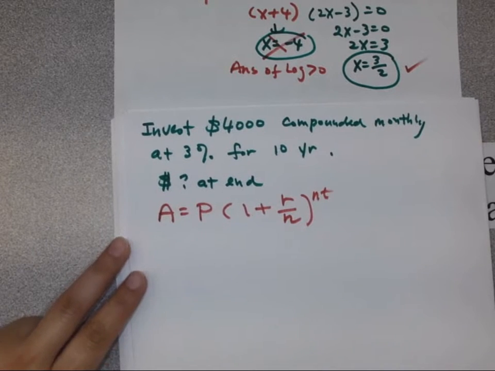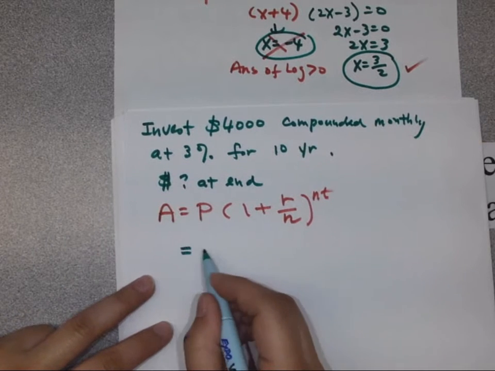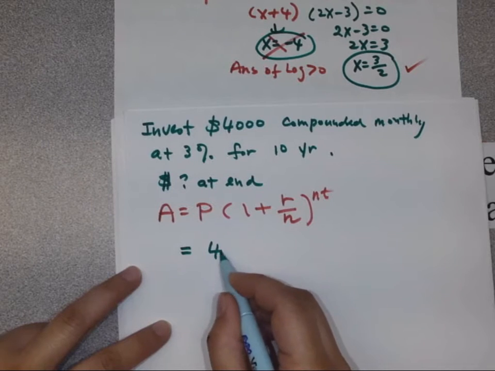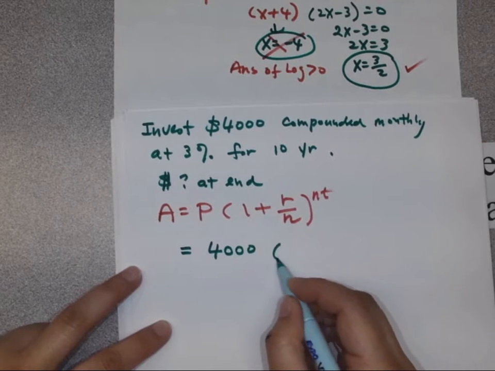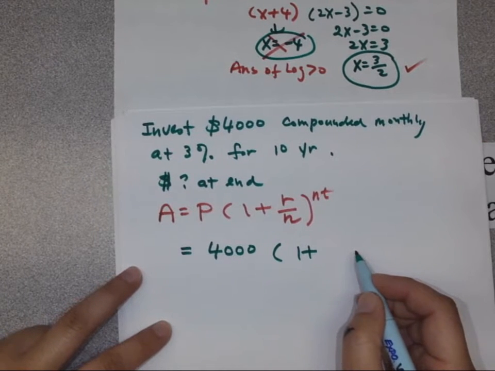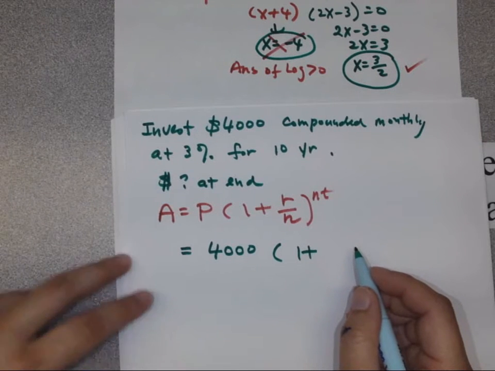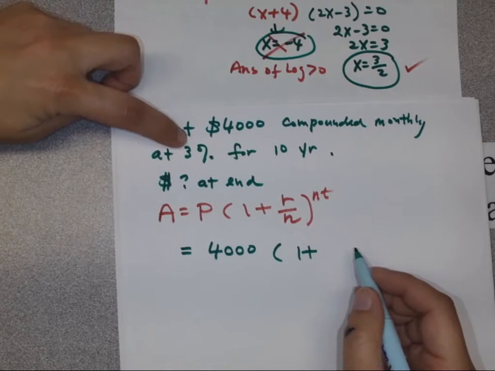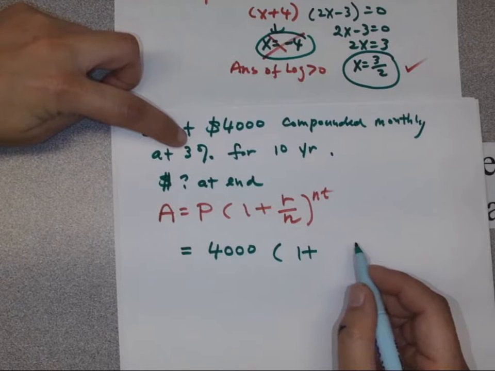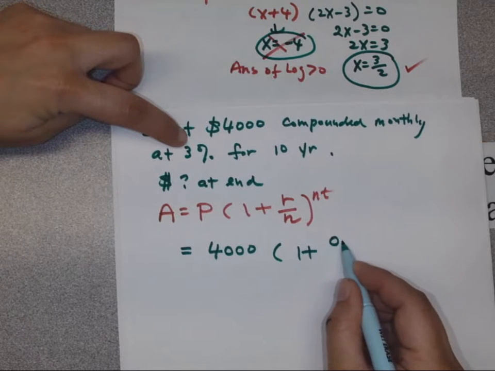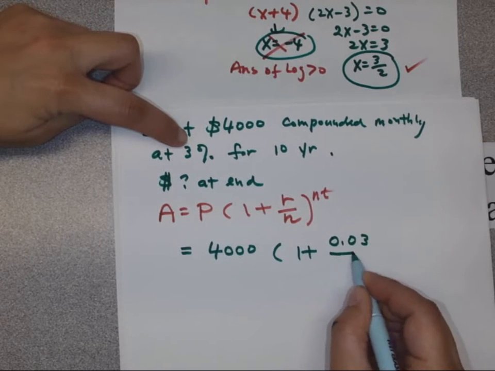So help me to plug it in. P is $4,000, your principal. 1 plus the r is 3%. Don't forget to change it to a decimal, so it's going to be 0.03, right?